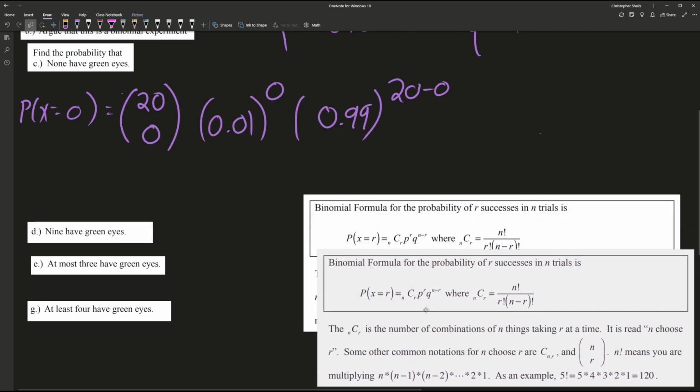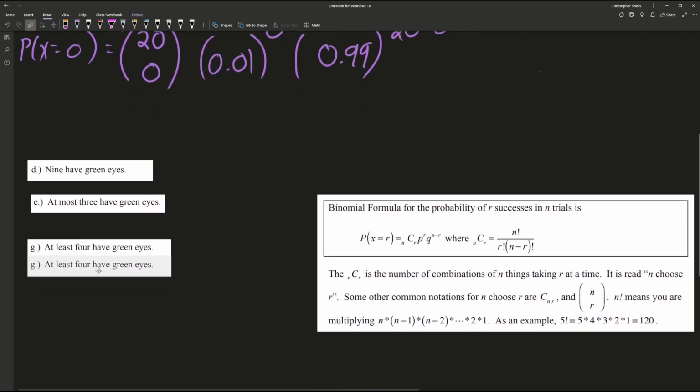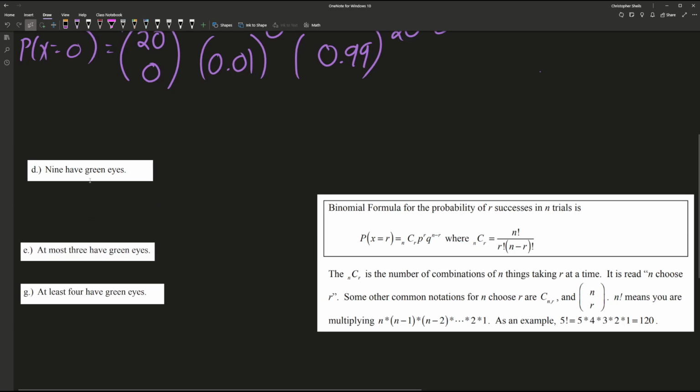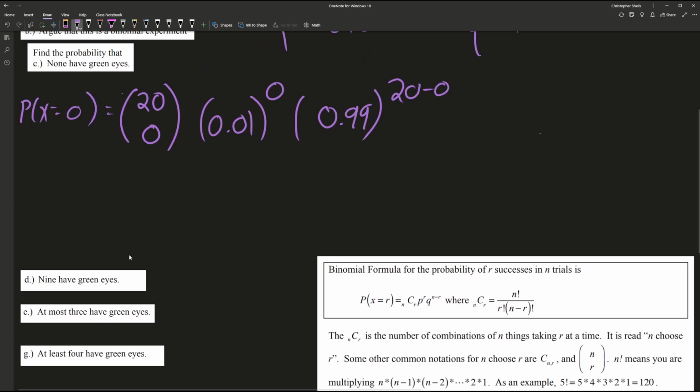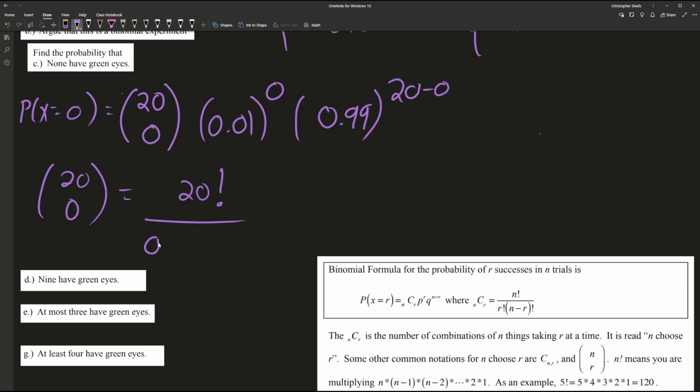We can quickly work out what 20 choose 0 is going to be. You might actually have an idea of how many ways there are to choose 0 things, but let's write it out. 20 choose 0 is 20 factorial over 0 factorial times 20 minus 0 factorial.